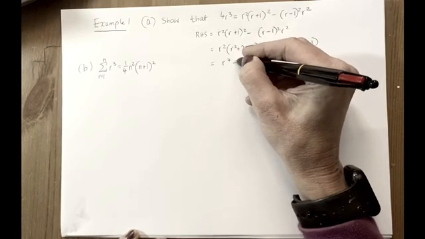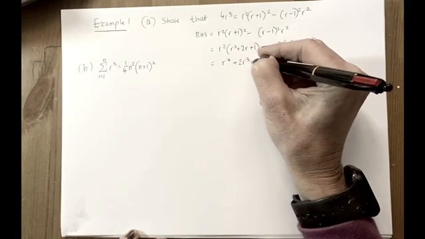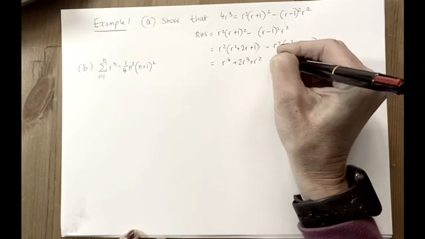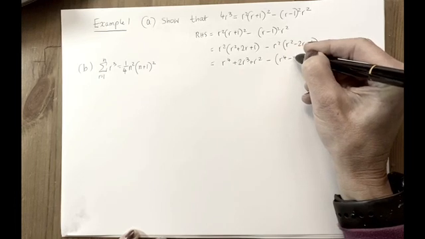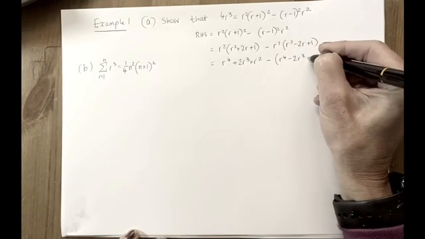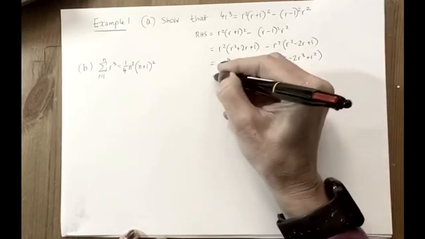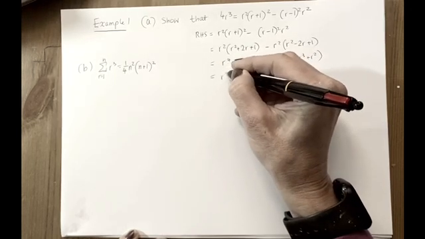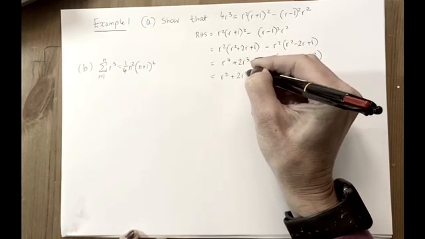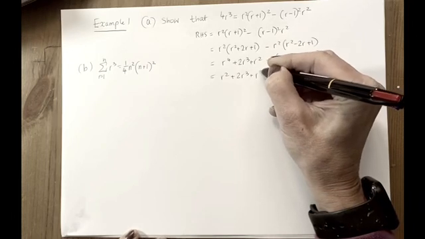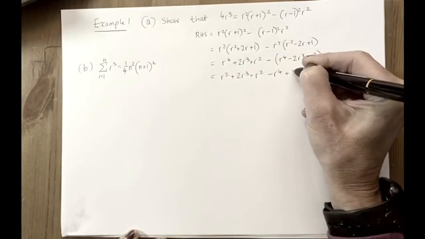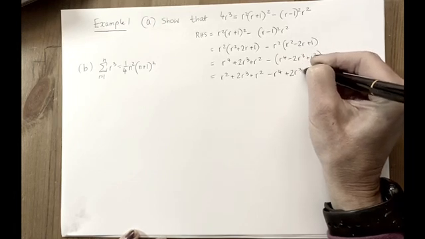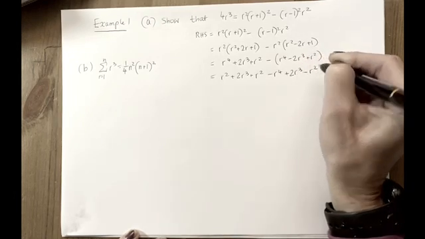R to the power 4 plus 2r cubed plus r squared, minus r to the power 4, plus 2r cubed, minus r squared.